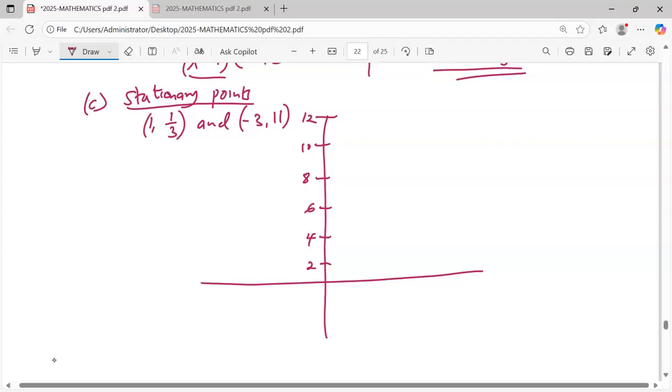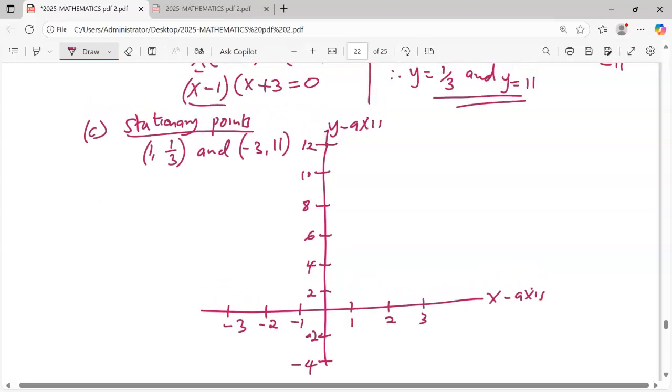The highest value of x is -3 on the left side, that is -1, -2, and -3. Then we have 1, 2, 3. This is our x-axis, and the other one is y-axis. Coming down, we are going to have -2 and -4 at this point.